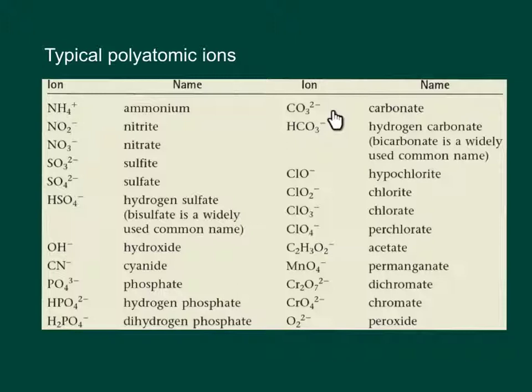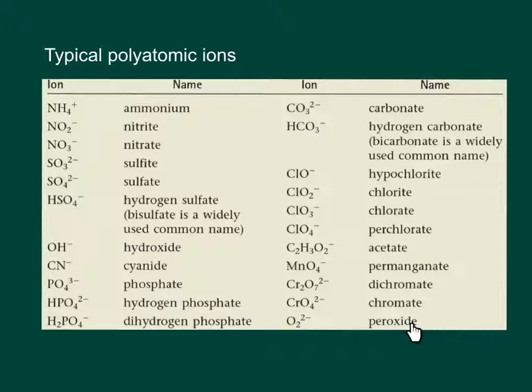For example, ammonium hydroxide, which is a component of bleach. Carbonate, actually sodium carbonate, is found in pop. That's what gives it its fizziness. Peroxide, hydrogen peroxide, is the stuff you have in your medicine cabinet to clean out cuts. These are all polyatomic ions. They're just groups of atoms that have a charge.